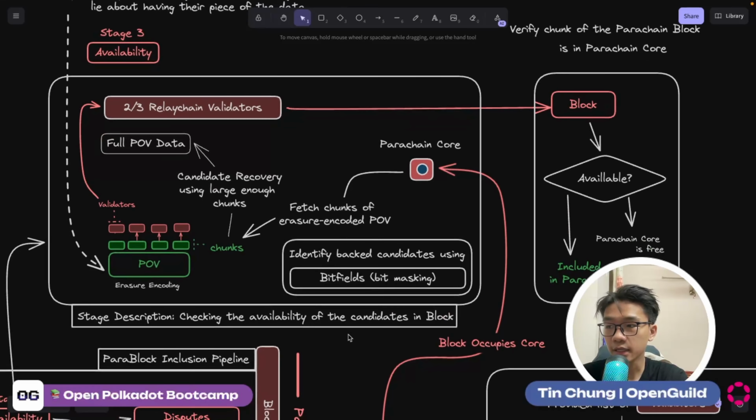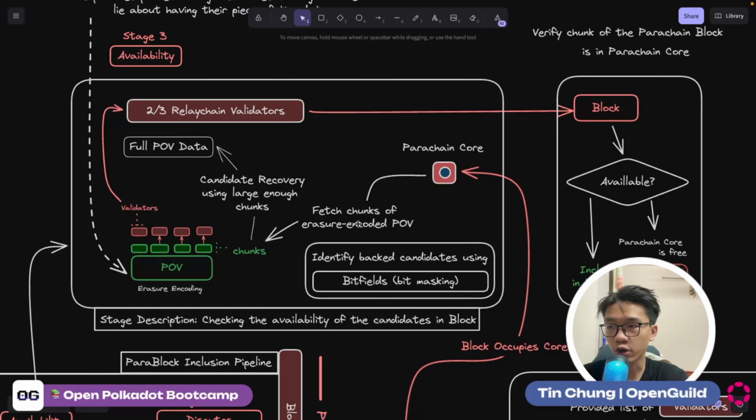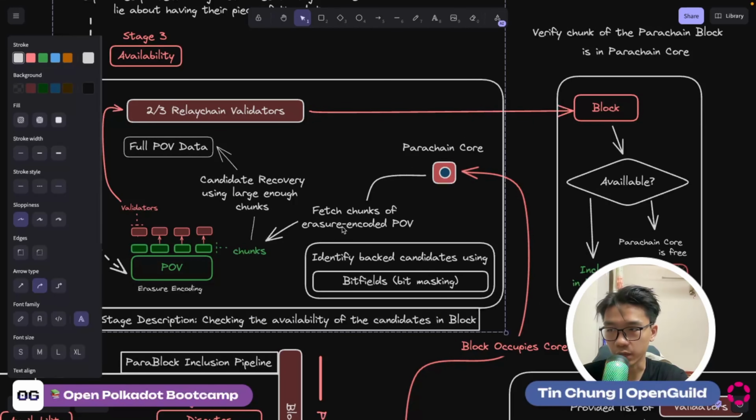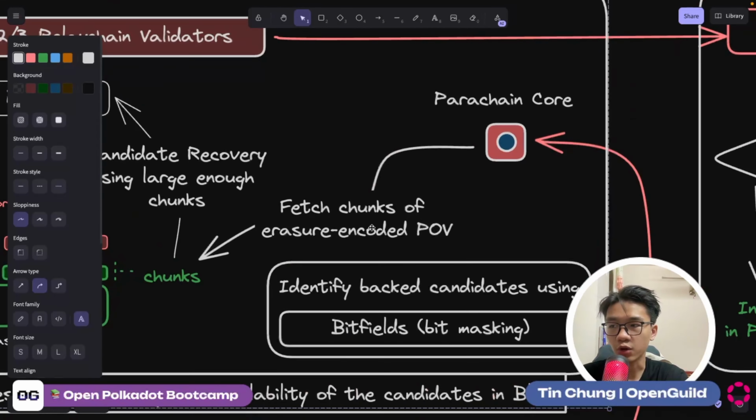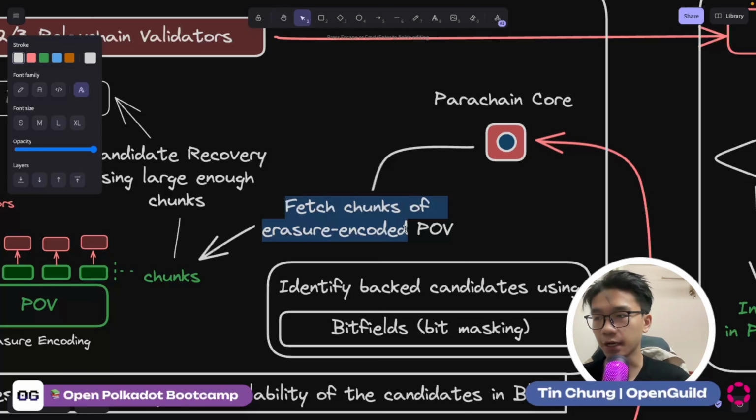As you can see, this stage of checking the availability of the candidate in the block happens on one Parachain core. The Parachain core will fetch chunks of erasure-encoded PoV. Erasure encoding is a data correction technique that allows you to add some extra data to the original data, and later on, when you only have 50% of the original data, you can recover it.